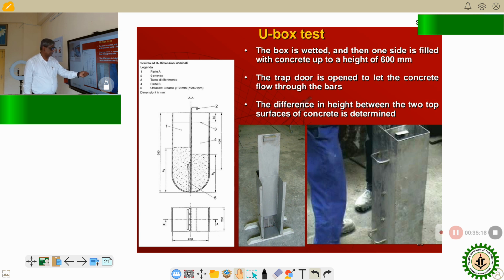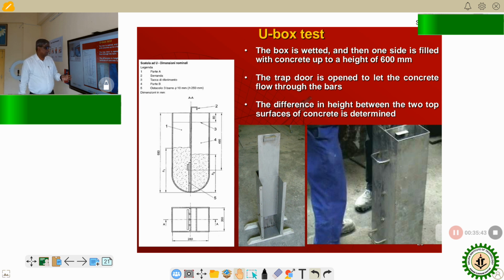And then you remove the separator. What will happen? This concrete will mix with that concrete. Even then, there will be a difference in level. And that difference in level will indicate your fresh properties of concrete, flow, or all these things.